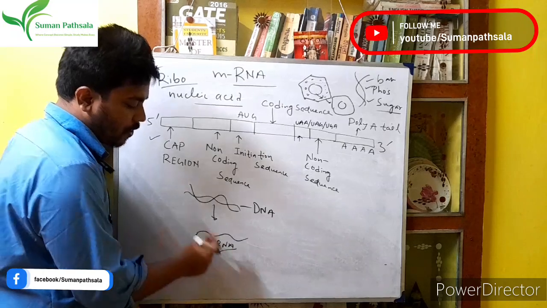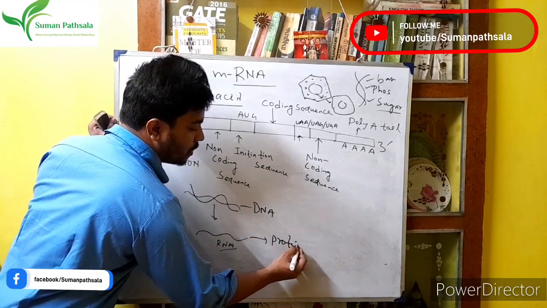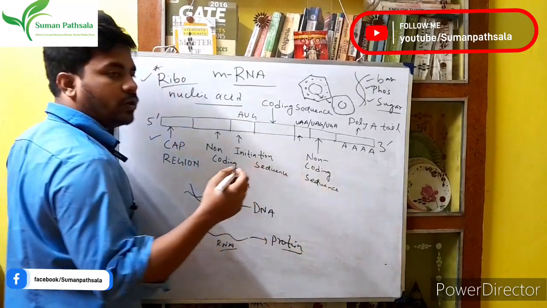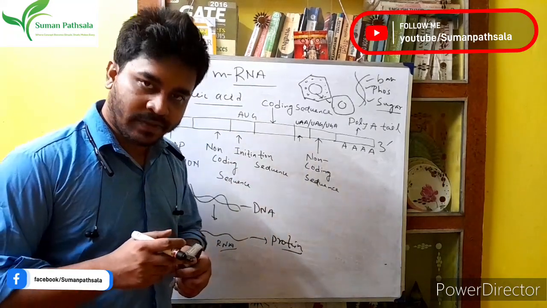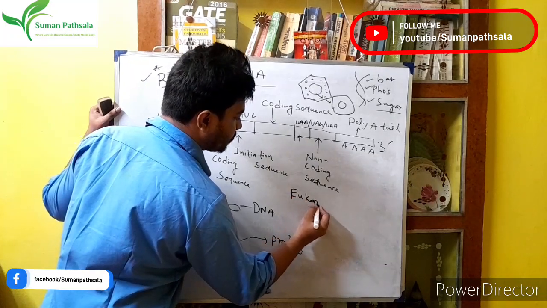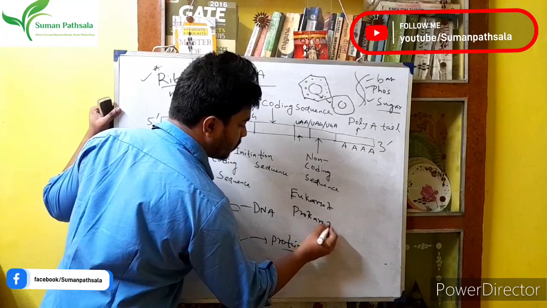When the RNA actually forms, from the RNA we will have to produce protein, right? Generally we all know that in the world two types of cells are there. One is eukaryote, another is prokaryote, right?